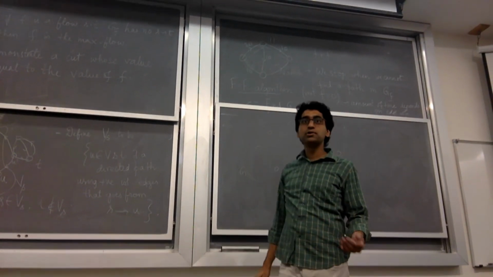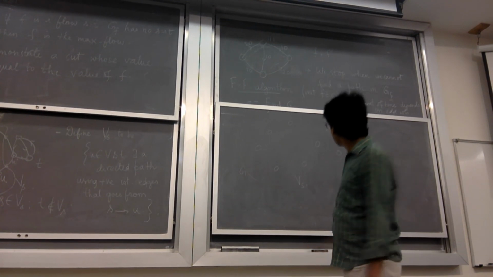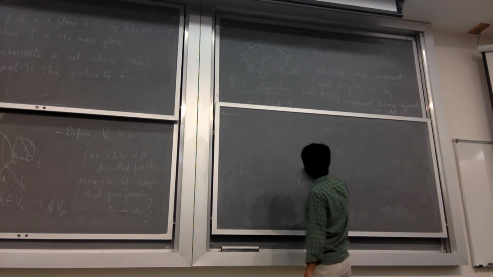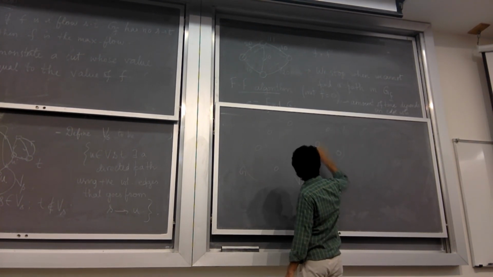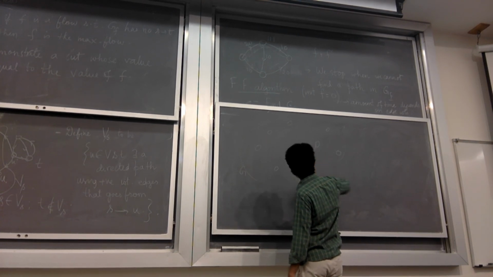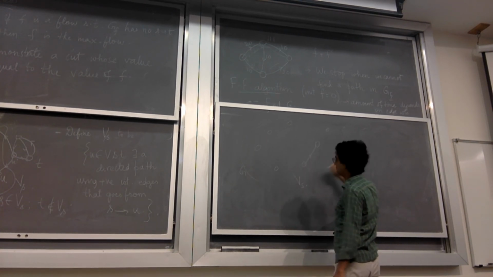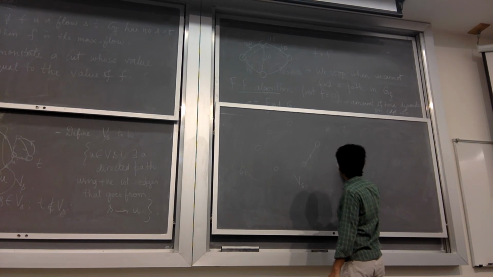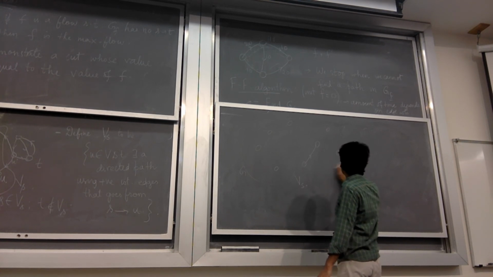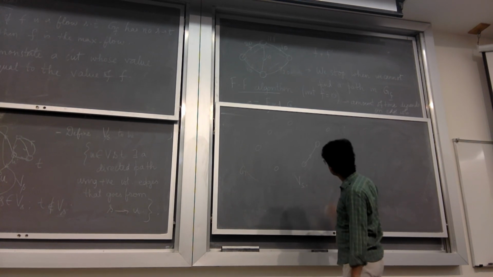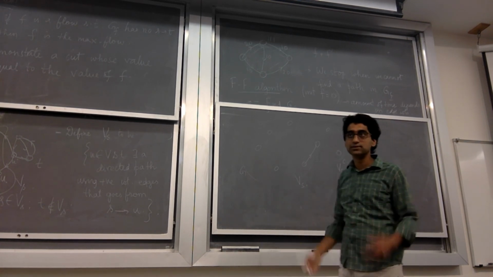Now in G, I want to reason about the total edges that go from V sub S to this other set. Let's call this V sub S complement, the rest of the vertices.